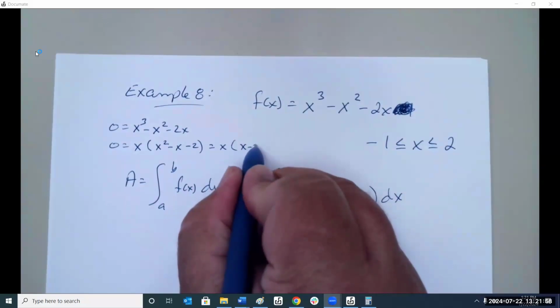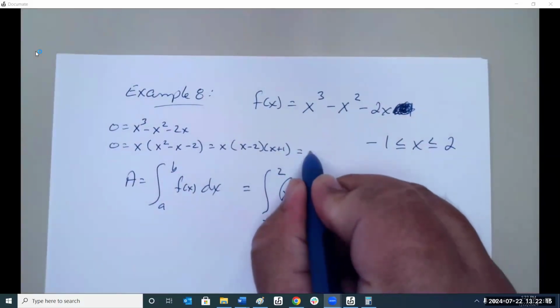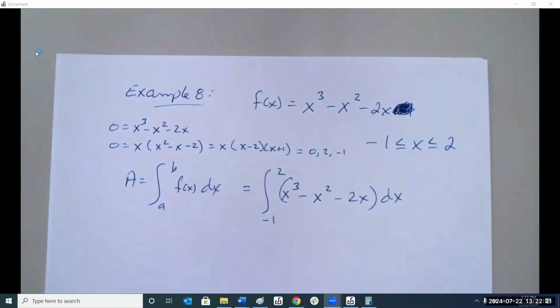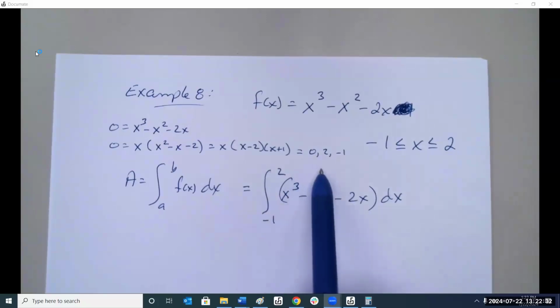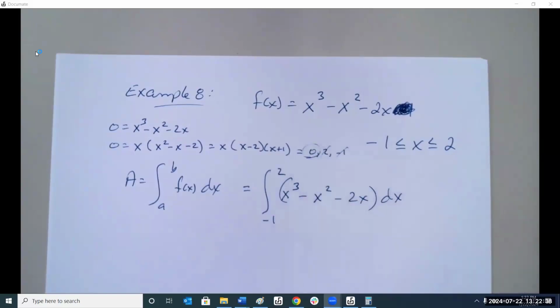That's going to be x minus 2, x plus 1. So our intercepts are at 0, 2, and -1. -1 and 2 are the endpoints, so the only one we have to worry about is 0.